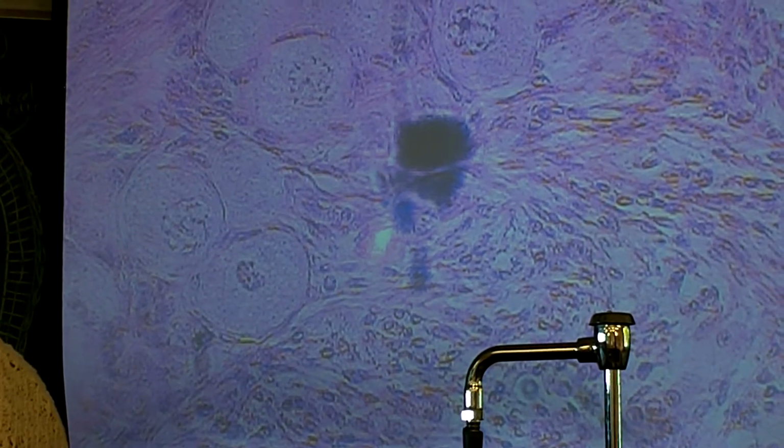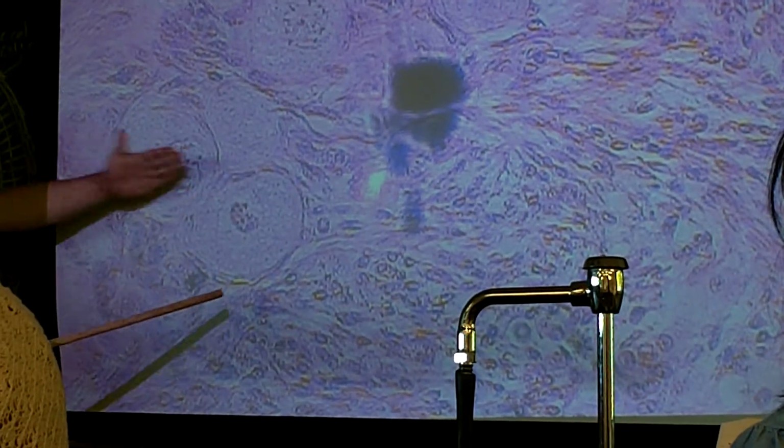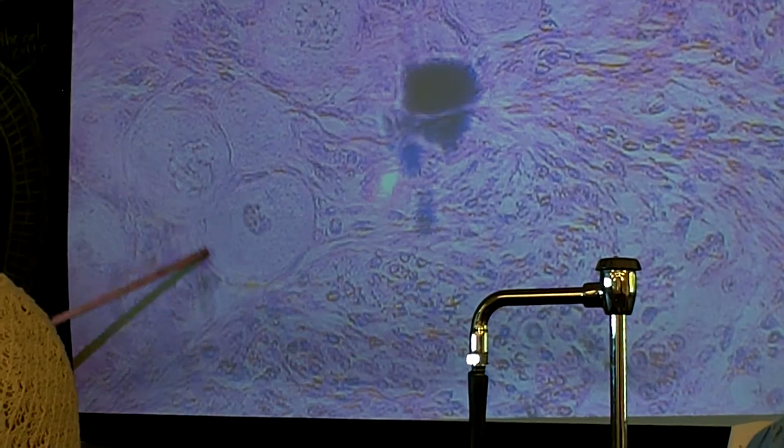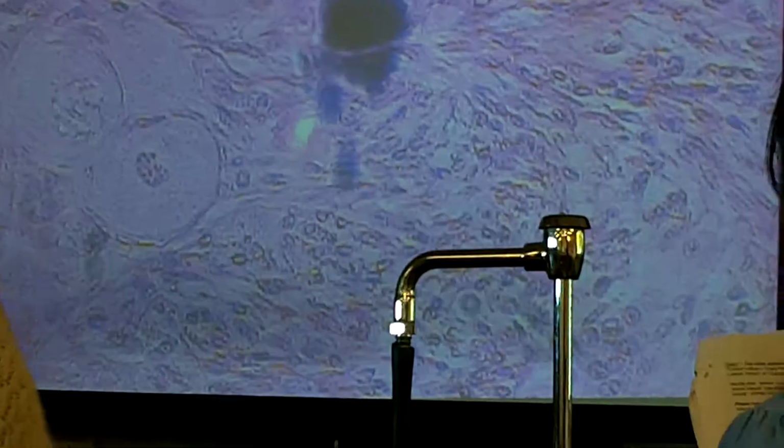There's not much to them. Again, you see the oocyte, you see the nucleus of the oocyte, and you see just a few squamous-looking cells surrounding it. That's it. That's a primordial follicle right there. And again, they're in clusters. So if you see one that looks like many others all grouped together, and you notice that we're on maximum magnification, those are your clues. You're looking at the primordial follicles.